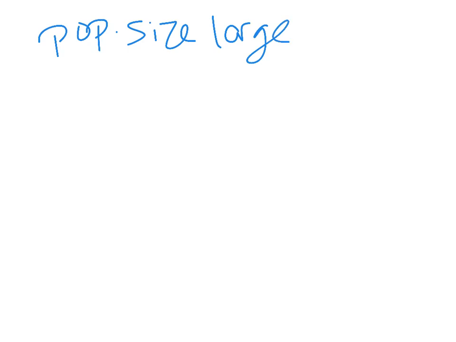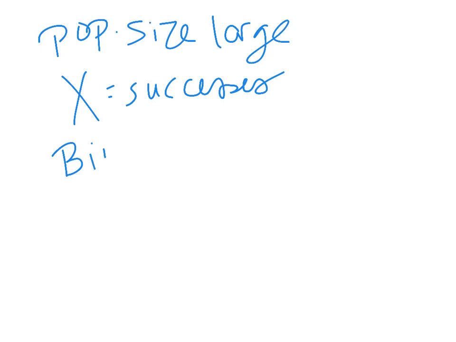So if our population size is really, really large, with our example here, if I had thousands and thousands of candies in the machine, and I've got X, which equals my successes, X can have a binomial distribution.